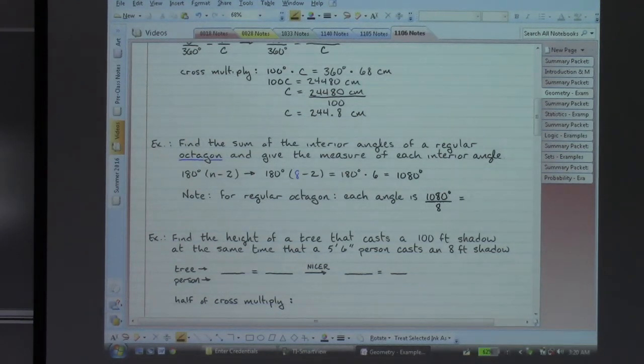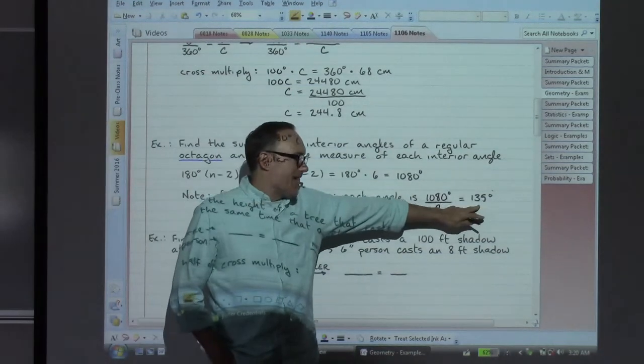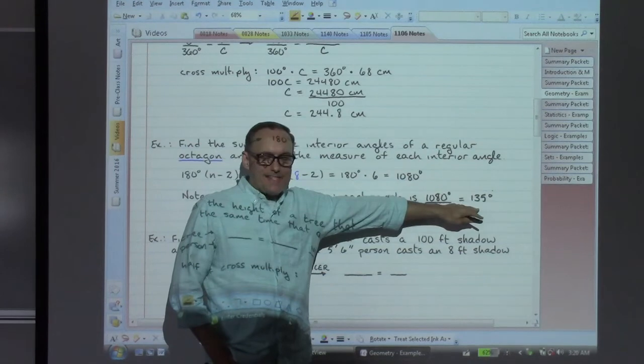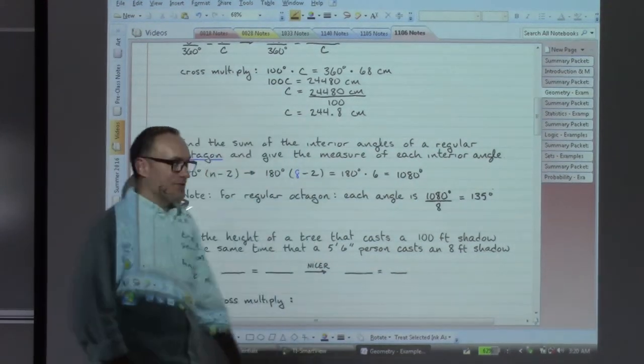They are all the same because we are told this is a regular octagon. So if you went out with a protractor to a stop sign, you should measure that each angle of that stop sign is 135 degrees.